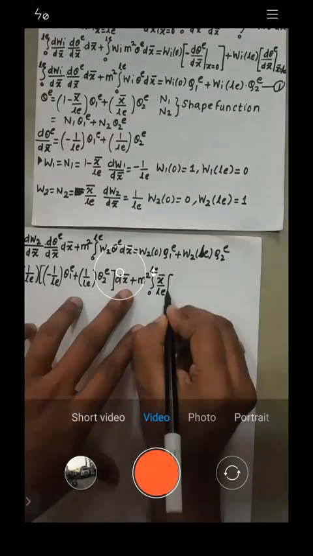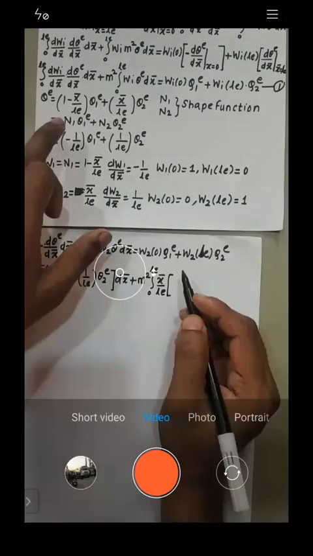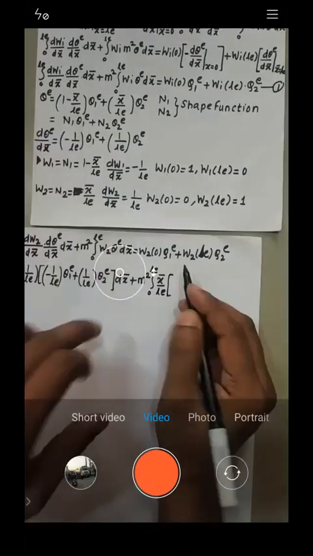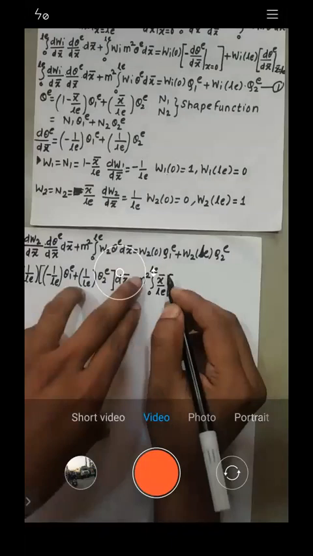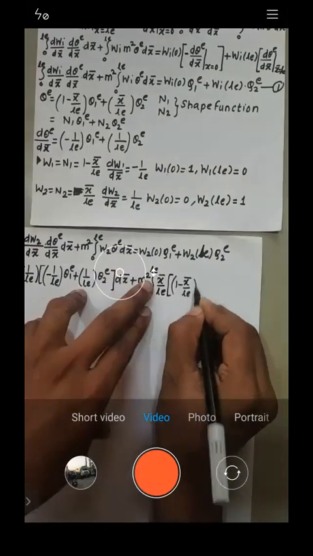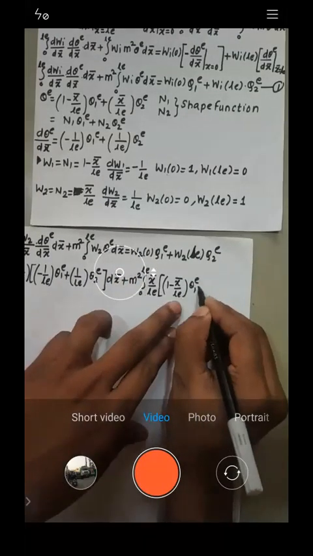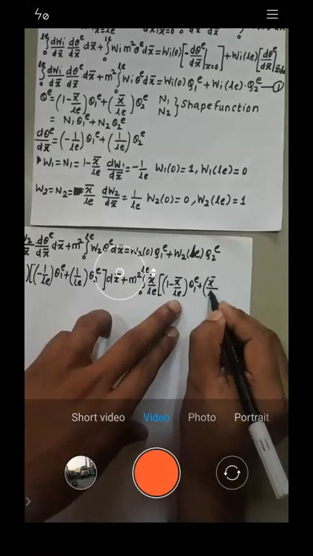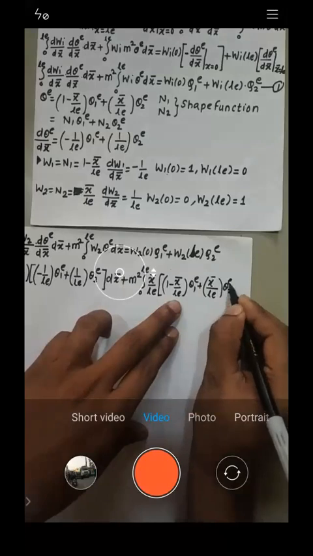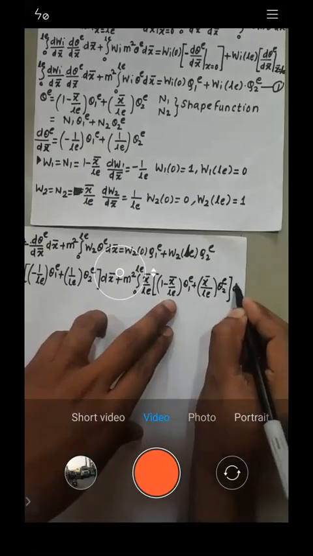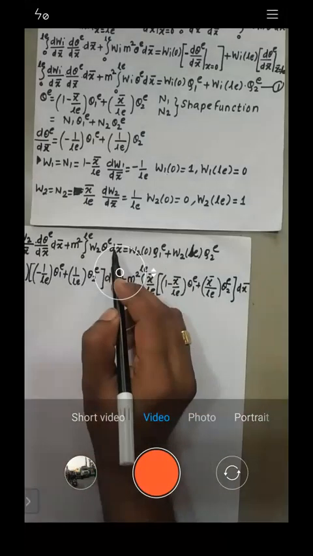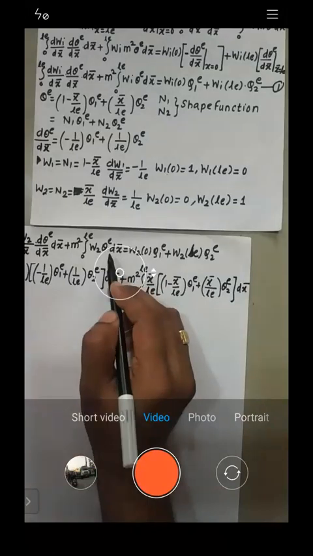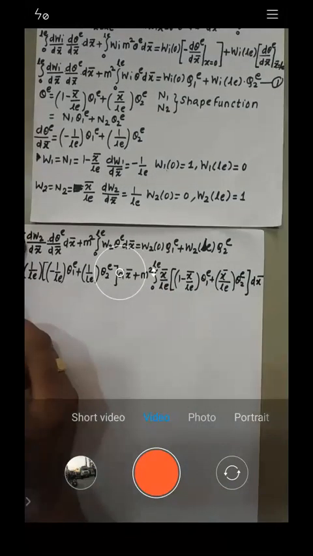So theta E is here 1 minus x bar by LE theta 1E plus x bar by LE theta 2E. Is it okay? Into dx bar. See here, into dx bar, right? Is it clear or not?